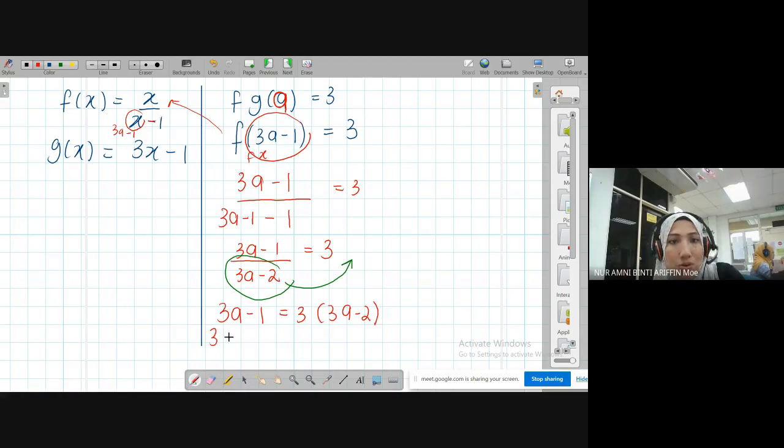And then, so that 3A minus 1 equal to 3 times 3A become 9A minus 6. So just kumpulkan A with A, and then the whole number dengan whole number lah. Dapat Jing Xuan.